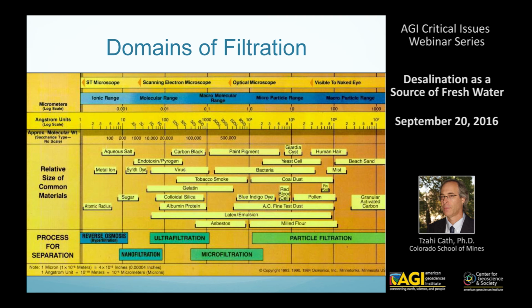And you can see that reverse osmosis and nanofiltration can retain simple salts, metal ions, dyes, sugars, and everything that has this size. With reverse osmosis being a tighter membrane and nanofiltration being a looser membrane that can reject some of the small ions like sodium chloride, but very well reject calcium, magnesium, and large organic molecules.